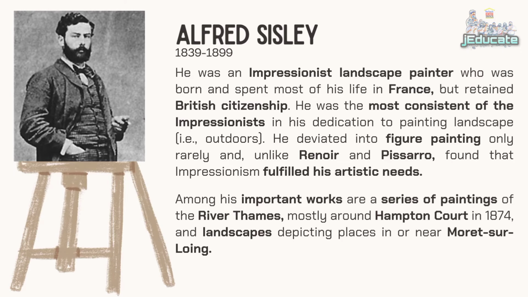He deviated into figure painting only rarely, and unlike Renoir and Pissarro, found that Impressionism fulfilled his artistic needs. Among his important works are a series of paintings of the River Thames, mostly around Hampton Court in 1874, and landscapes depicting places in or near Moret-sur-Loing.